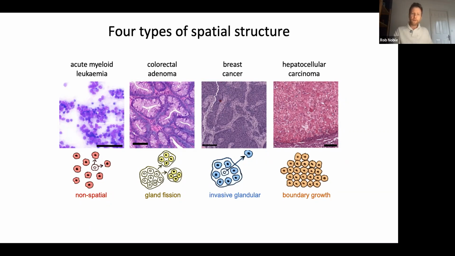So does this model take into account the intratumor heterogeneity of spatial structures within the same tumor? So could there be more than one of these spatial structures within the same tumor? Absolutely, yes. Essentially, there are very many different directions that I could take this work.